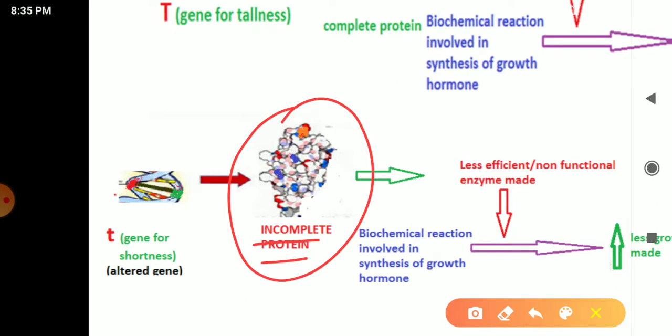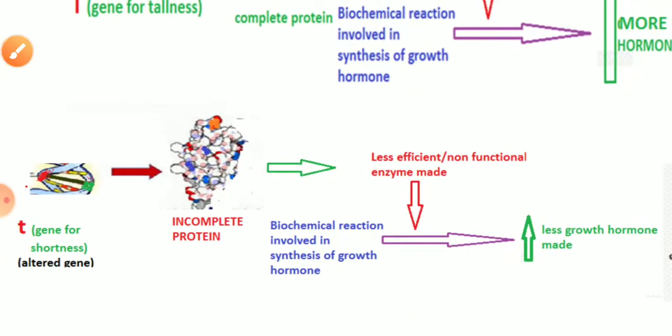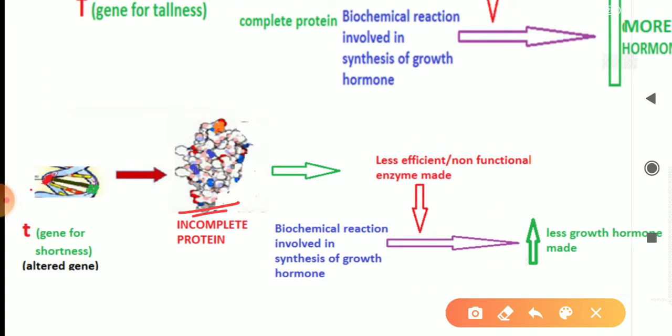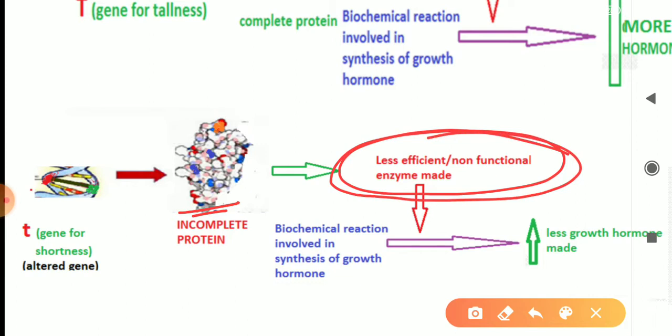Now suppose the protein is incomplete. When this protein is used to make an enzyme, the enzyme that will be made will be either less efficient, non-functional, or less functional.